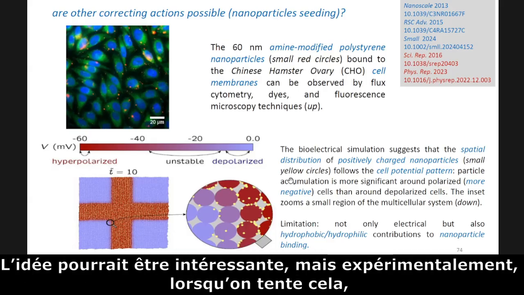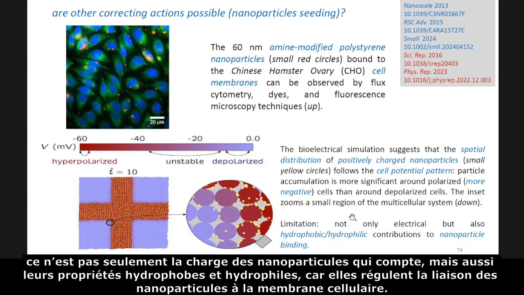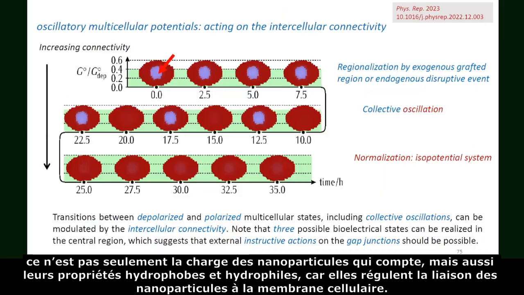The idea could be interesting, but experimentally, when it is attempted, not only the charge of the nanoparticle but also the hydrophobic and hydrophilic properties of the nanoparticle surface are important, because they can regulate the nanoparticle binding to the cellular membrane in addition to the charge of the nanoparticle.